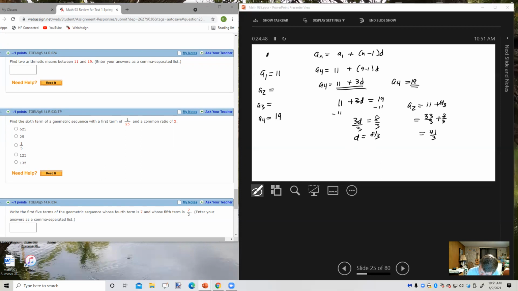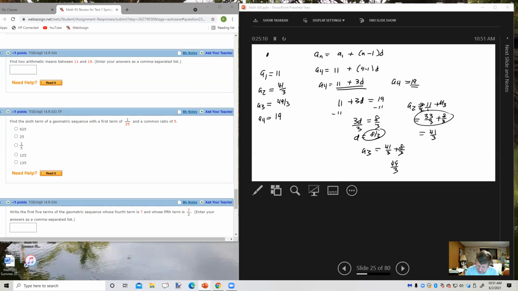How did I get that? I multiplied 11 over 1 by 3 over 3 to get a common denominator of 3. Okay, 41/3. A sub 3 is 41/3 plus 8/3, which is 49/3.